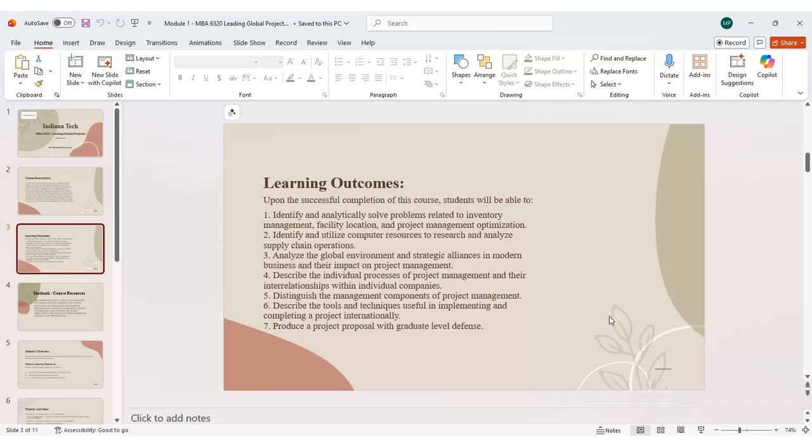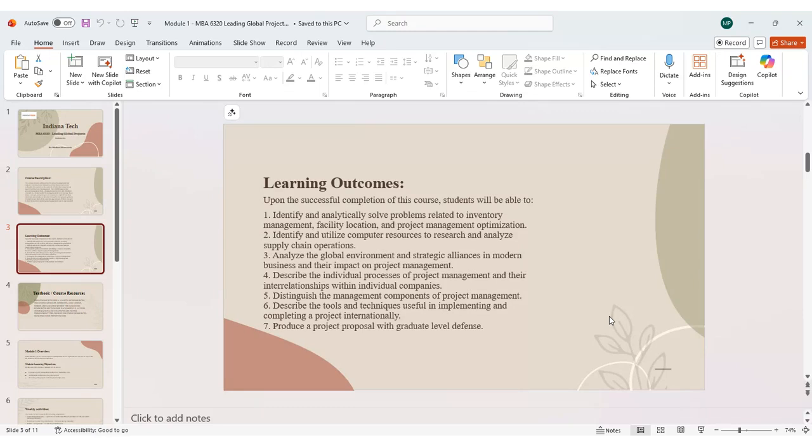So we need to understand what it is that we're going to cover over the next several weeks. Upon the successful completion of this course, you will be able to first identify and analytically solve problems related to inventory management, facility location, and project management optimization. Then we want to identify and utilize computer resources to research and analyze supply chain operations. And then we're going to analyze the global environment of strategic alliances in modern business and their impact on project management.